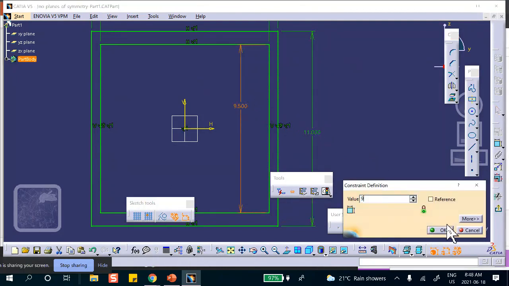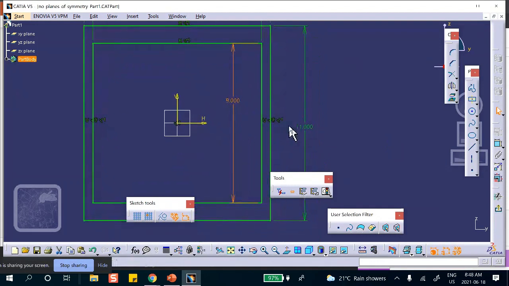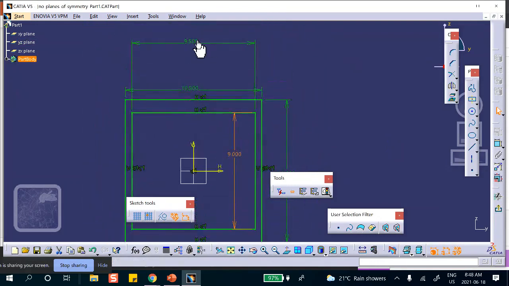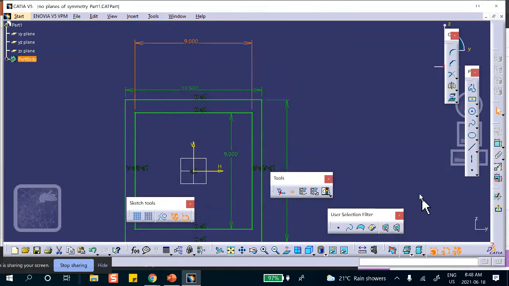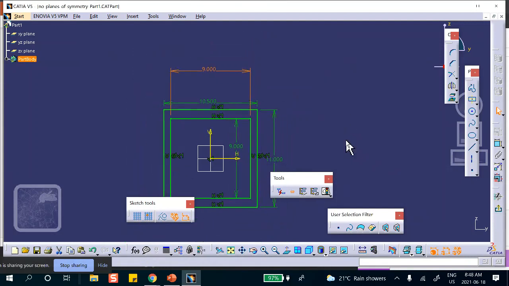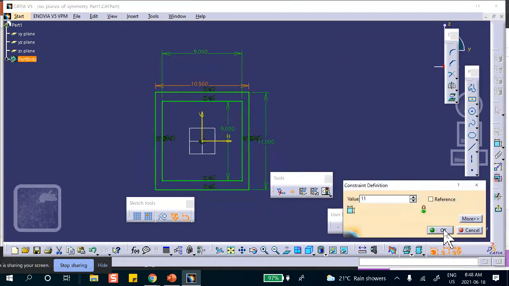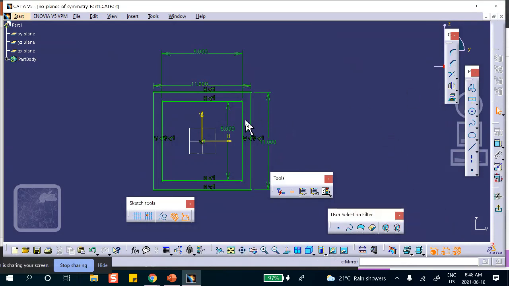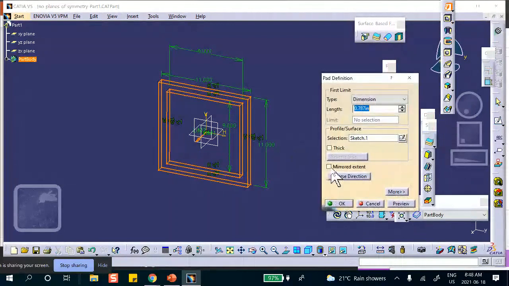This should be 9. 11. This one should be 9. And this should be 11. Whoa, longer than I thought. Okay, now 0.5 in each direction. 0.5 in each direction, so it's going to be mirror extent. 0.5.